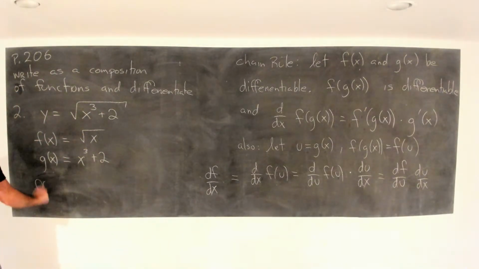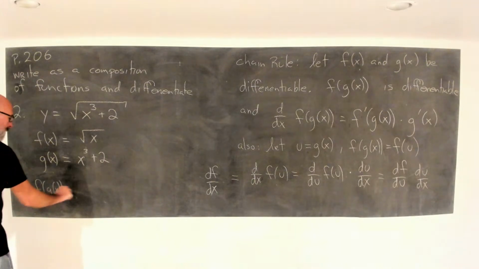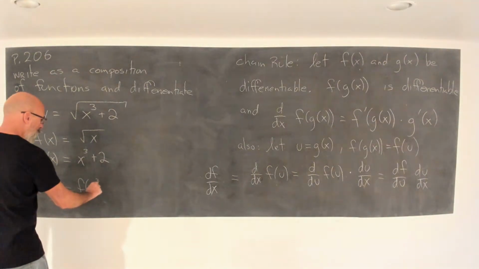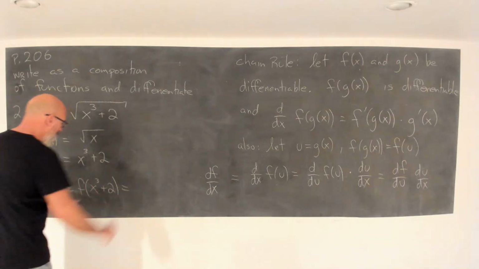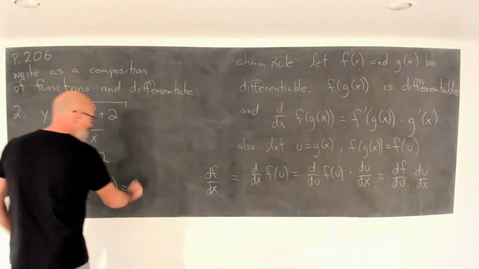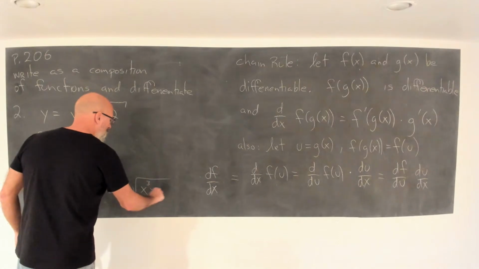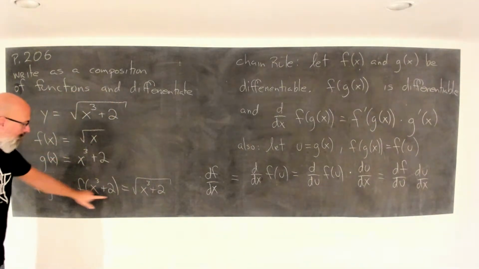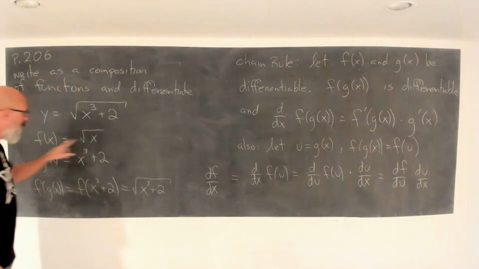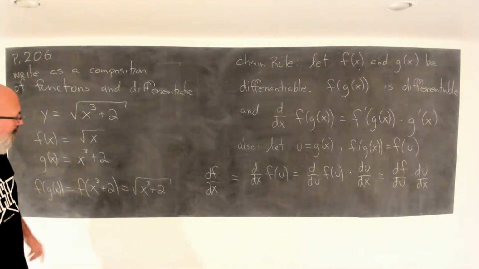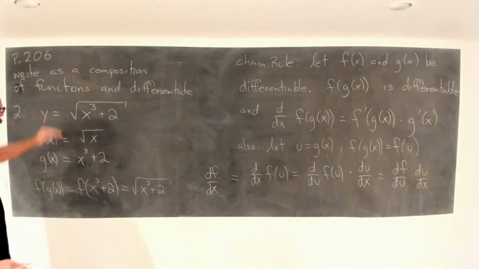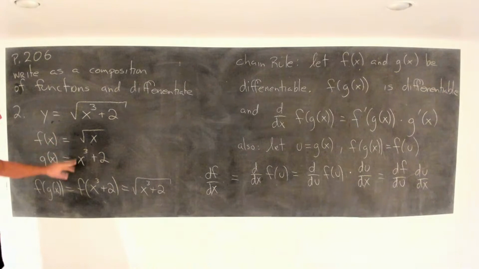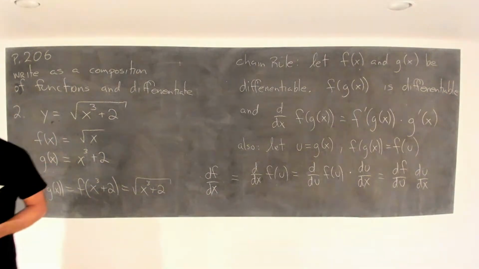Observe that f of g of x, right? g is x cubed plus 2, and f of x cubed plus 2 is the square root of x cubed plus 2. Everywhere you see an x in f, you replace it with x cubed plus 2, and that's what you get. So this is now easily seen to be the composition of these two functions.